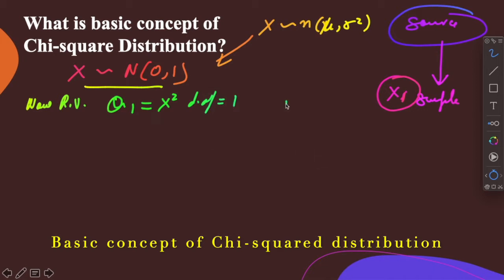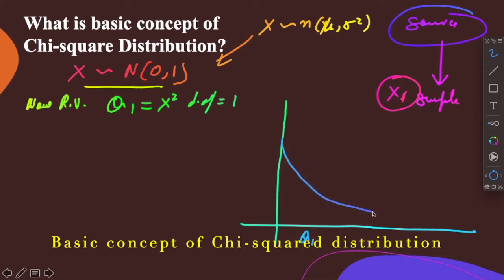So in this case, the distribution with respect to q1 will be something like this. If the value of x is very small and we square it, it will become much smaller. So in that case, it will become a kind of infinity relationship towards 0.